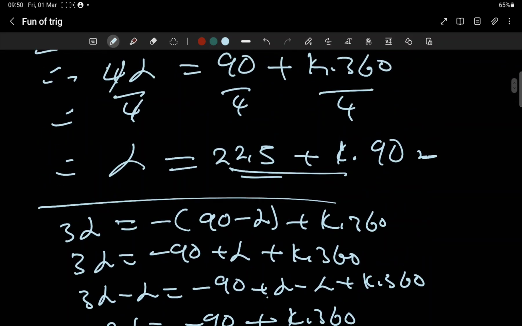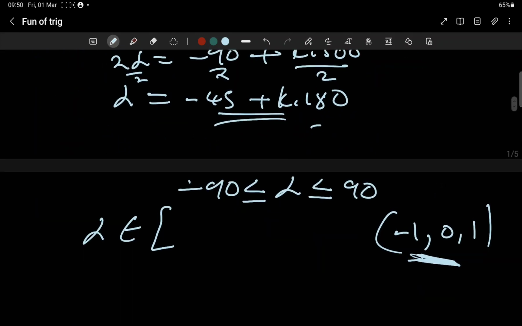Then what you're going to do, let's start with this solution. You get your calculator. Press 22.5 and you say plus, and open bracket. On the bracket, let's put the first integer, negative 1. Close the bracket. Multiply that by 90. You get negative 67.5, and it is between the range you are given, between negative 90 and 90.